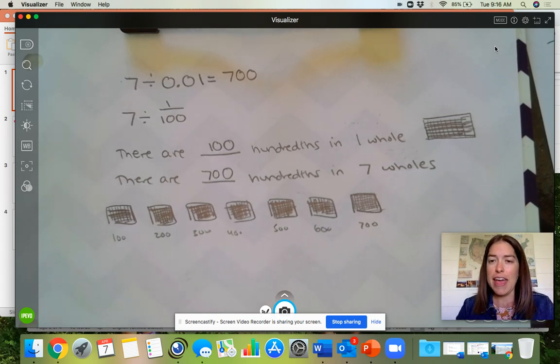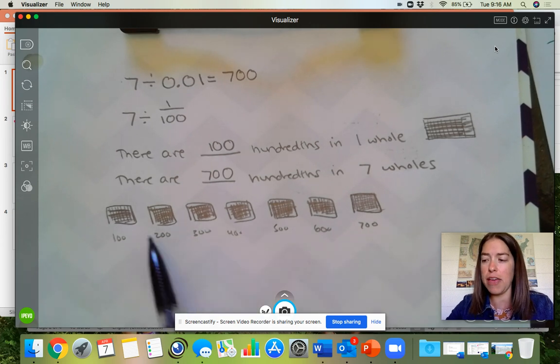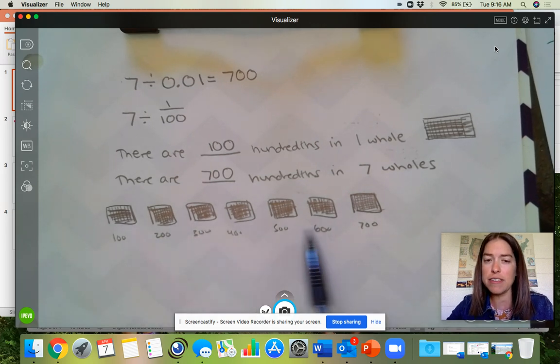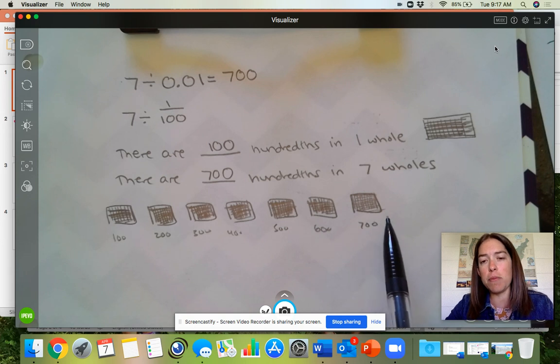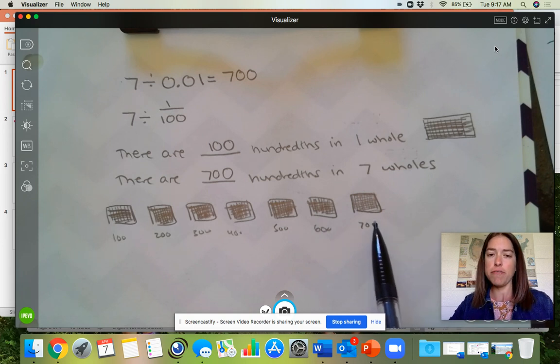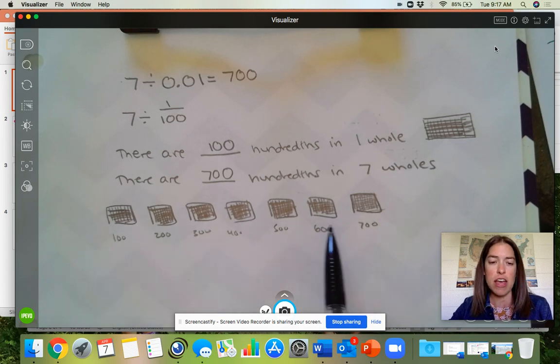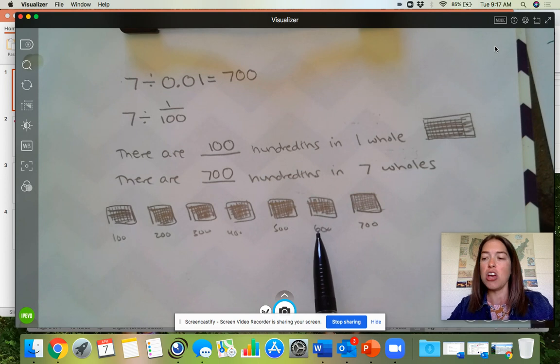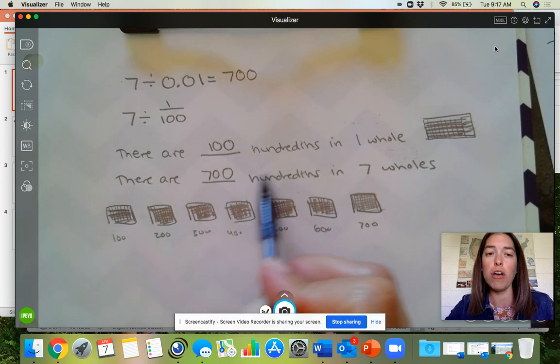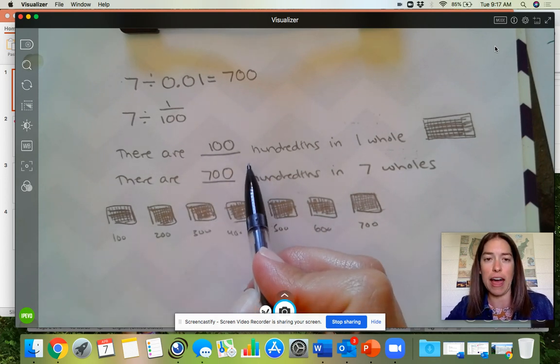All right. It is always so good to be able to draw pictures to prove it, but it does take a little bit of extra time. If you are ever feeling stuck, going back and drawing it out is always a great strategy, but we are going to try some now where we can see, can we actually do this just by comparing it to a whole without having to draw it out.